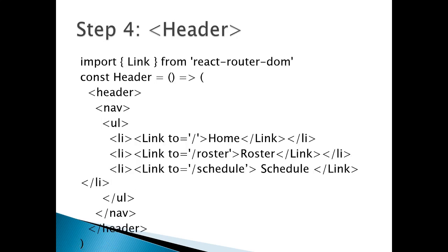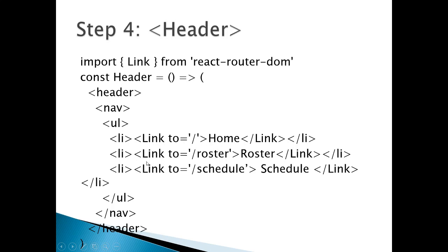In the header file, we will import Link from React-Router-Dom, and we will use a link instead of an anchor tag. Link has a "to" prop, and this will tell the route to which we will move. So for home, whenever we click home, it will route to slash.